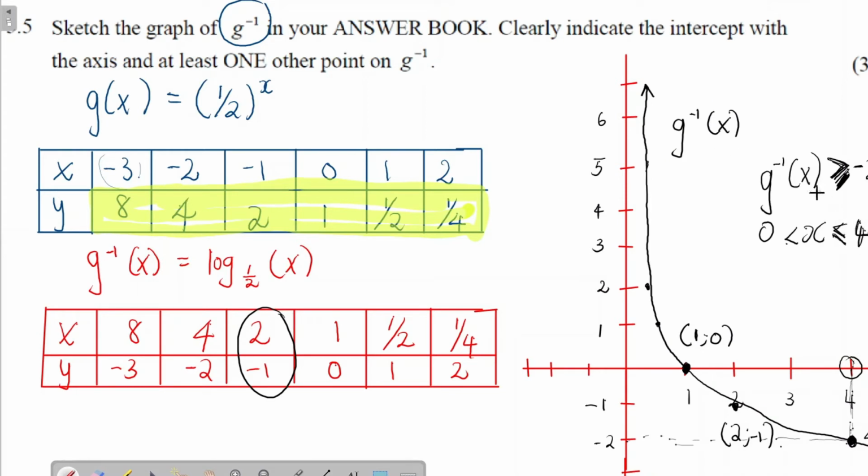Let's see what happens when your x is equal to 5. Let's substitute an x value of 5 into this equation. You get -2.3219. Okay, so we don't want that. So it mustn't be an x value of 5, right?